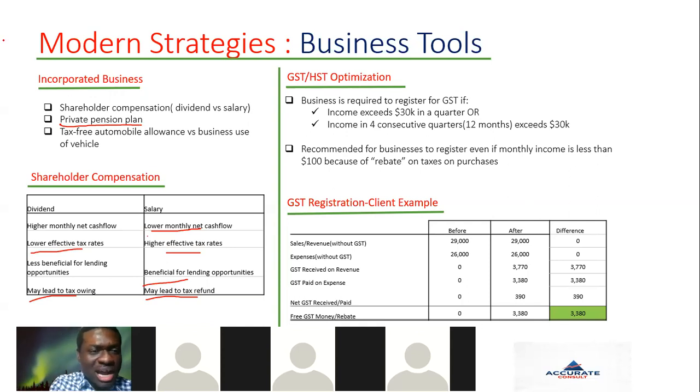Then the third item here is business use of vehicle. So as a business owner, as a sole proprietor or incorporated business, if I have a car that I use for personal and for business, the tax law allows me to deduct the business use of my expenses. So let's assume in a year I drove maybe 50% of the mileage for personal and 50% for business.